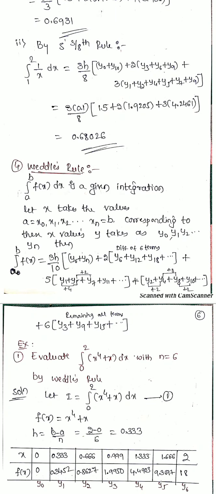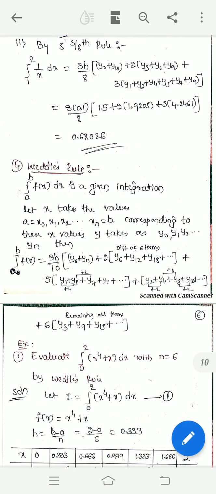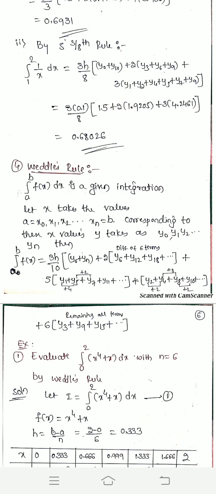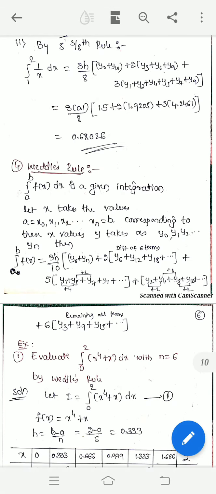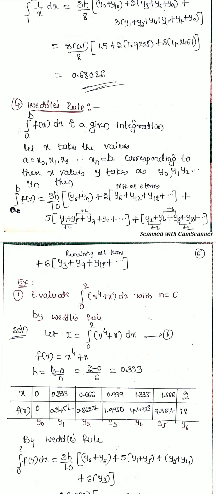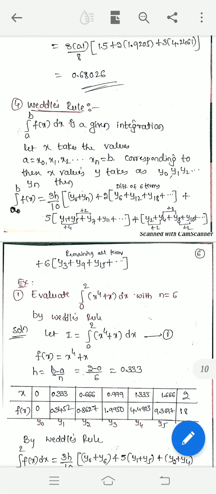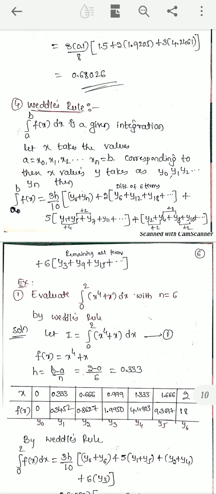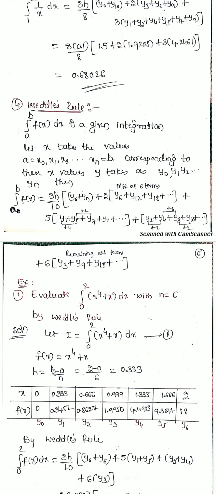So what it says: if the integration from a to b of f of x dx is the given integral, let x take the values a equal to x0, x1, x2, and so on up to xn, which is equal to b. Corresponding to these x values, the y values are taken as y0, y1, y2, and so on up to yn.